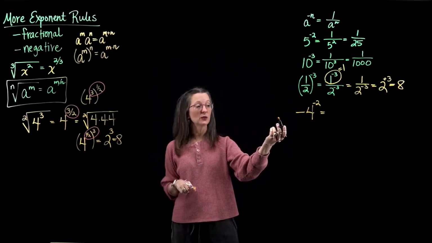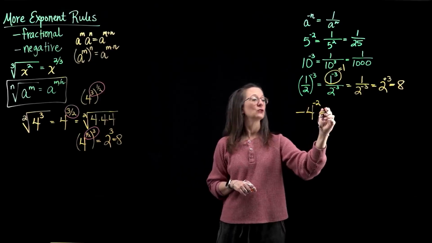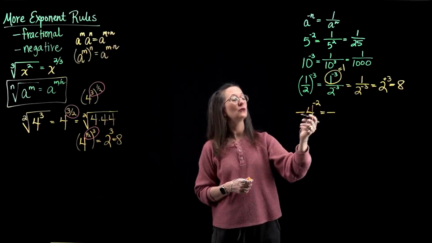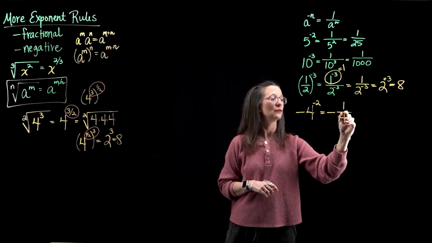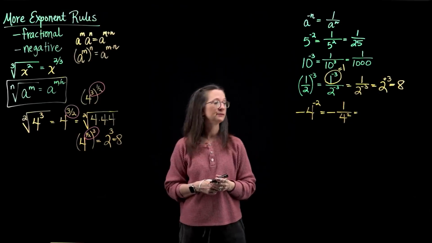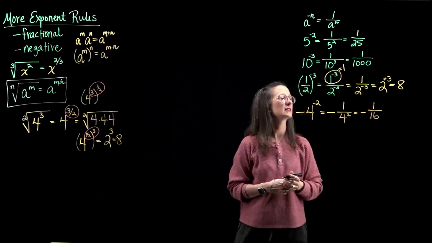It just stays with it while we evaluate 4 to the negative 2. So I'm just going to keep that negative and then write down what 4 to the negative 2 power is. It would be 1 over 4 squared. So I have negative 1 over 4 squared, which would be negative 1 over 16.